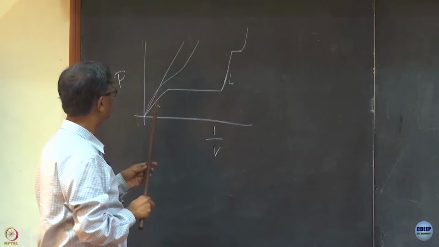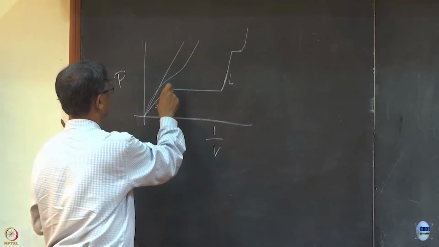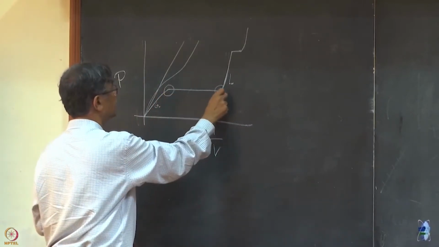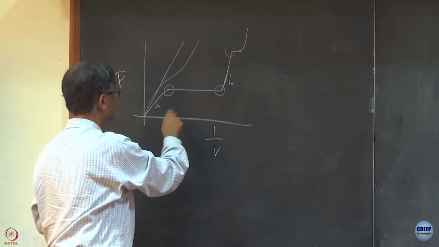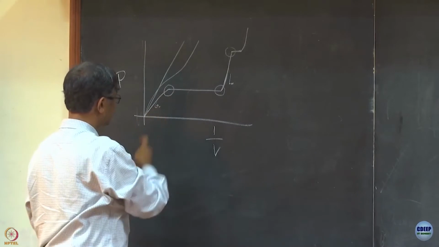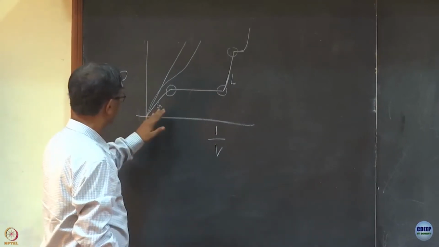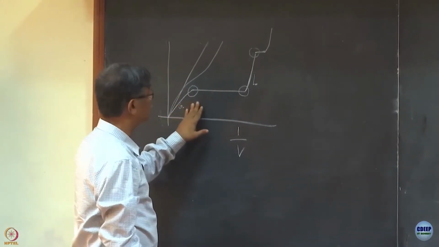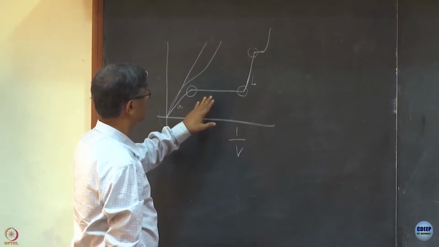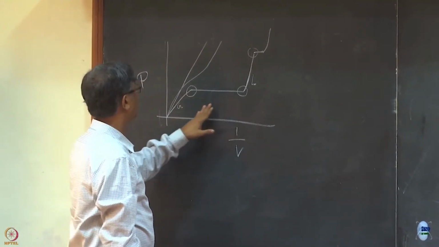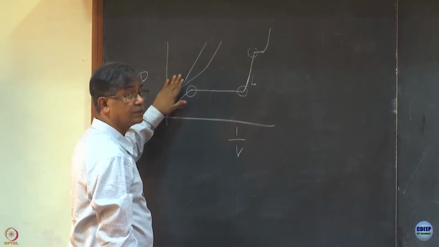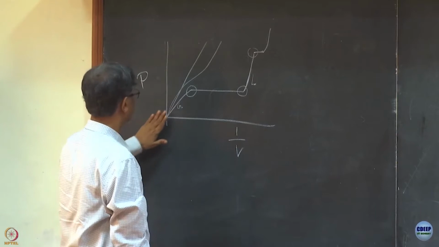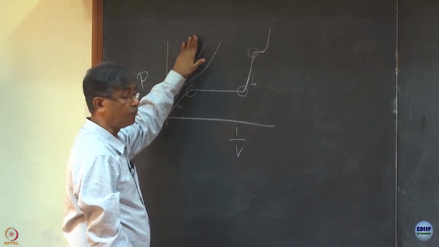So, these breaks, and this is the coexistence, are because the phase of the system goes discontinuously from gas to liquid to crystal. An ideal gas which does not interact does not show the phase transitions, it just goes on linearly.